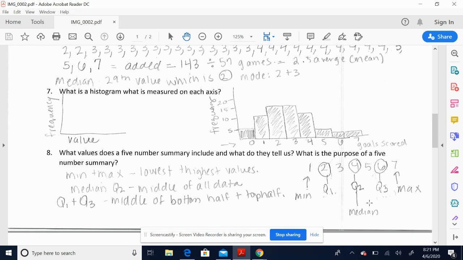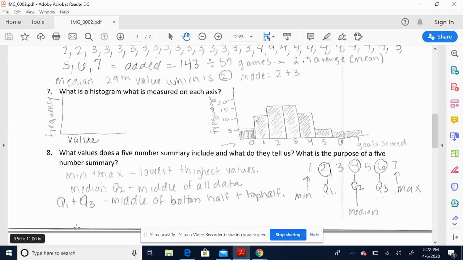Now what are Q1 and Q3? They are the other 2 values of a 5-number summary, and they're called the lower quartile and the upper quartile. Why? Well, all of the quartiles together, Q1, Q2, and Q3, remember Q2 is the same as the median, break the data up into 4 equal parts or quartiles.